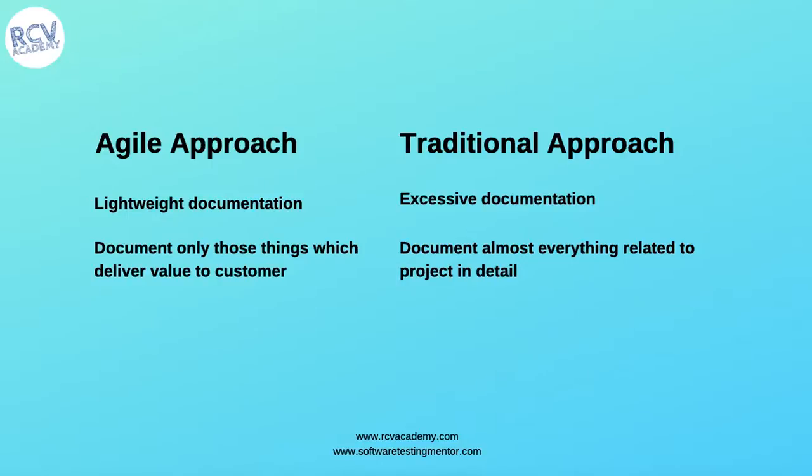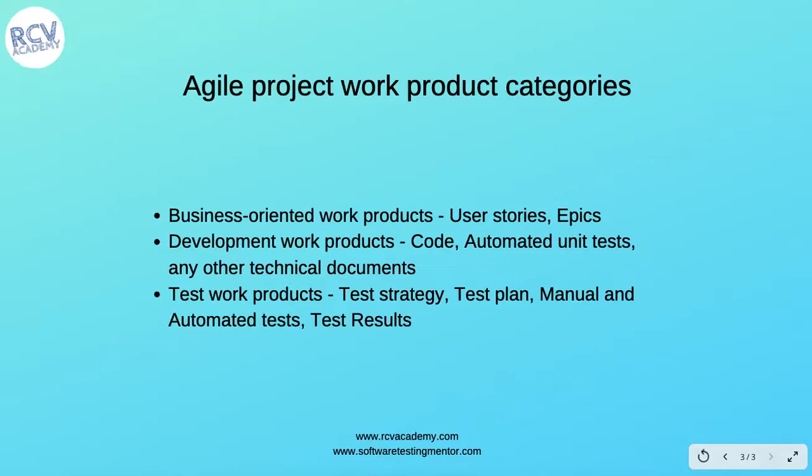However, in the traditional approach, everything in relation to the project needed to be documented, and it used to be detailed documentation at each level of the development lifecycle. So these are two of the key differences in the documentation approach of Agile as well as traditional development approach. Now let's see what the key work products of Agile development are.